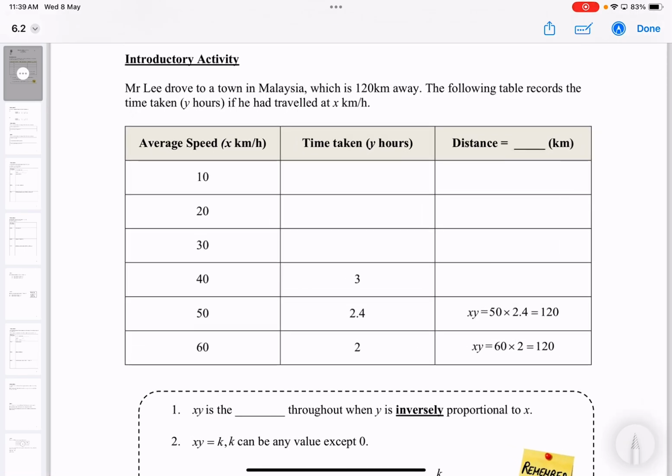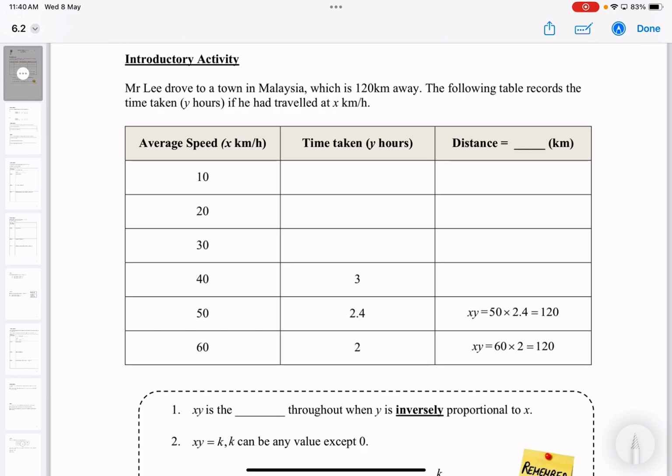When we talk about speed and time, Shannon, the faster we move, do we take more time or less time to reach our destination? Less time, right? So for example, if you are going home from school, the faster you walk, the less time you take.